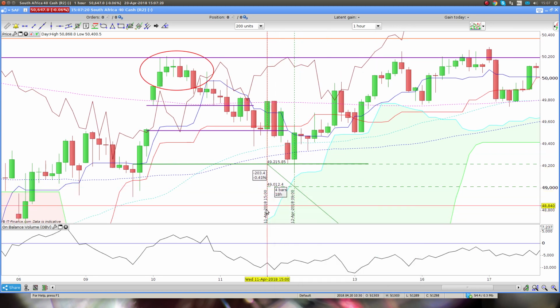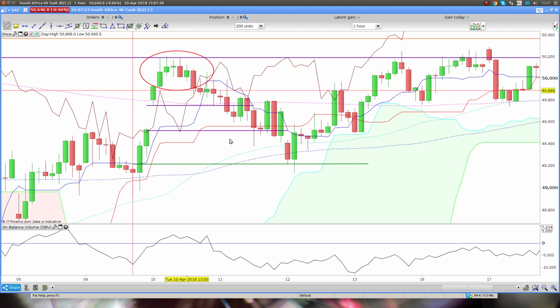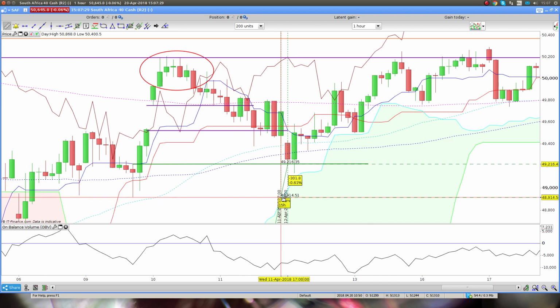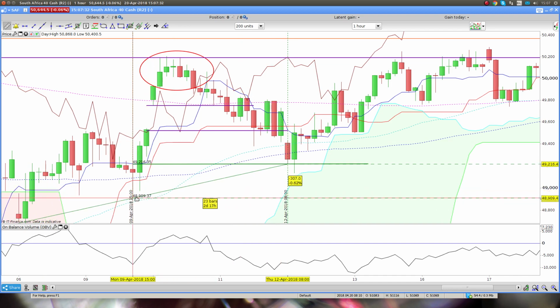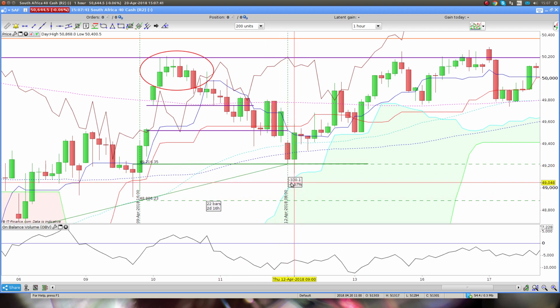So if I delete this, we say we want an entry there, but I want a stop loss not on this pin bar here. I want to be about 10, 20 points below that. Okay, so now my stop is 330 points, so you need to calculate your risk based on that stop loss.